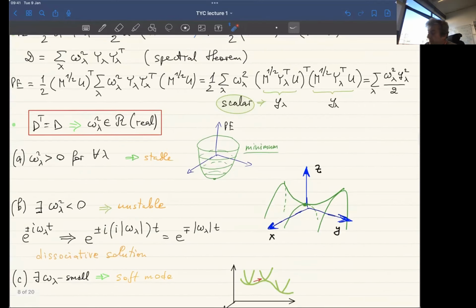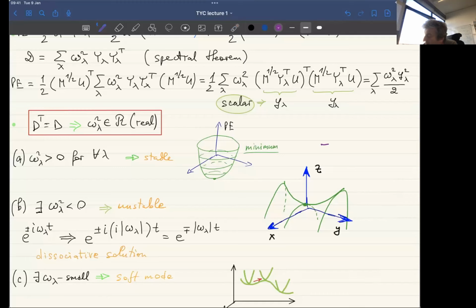But let's assume then that one eigenvalue is negative. So there exists an eigenvalue which is negative. That corresponds to the system being unstable. So if all other eigenvalues are positive, but just one is negative, our energy expression would look something like that.